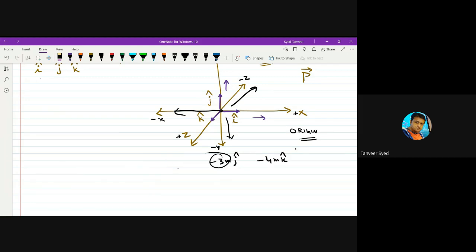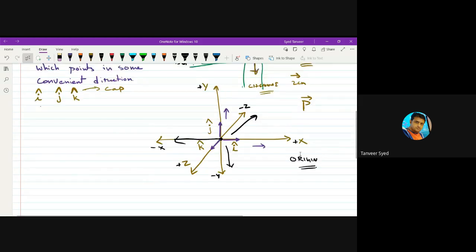After this basic idea, I will write a vector like this. Suppose vector A is equal to 2i cap plus 2j cap. What do you understand from this?